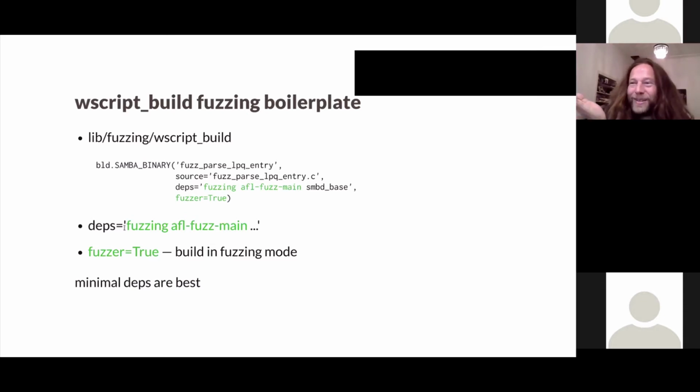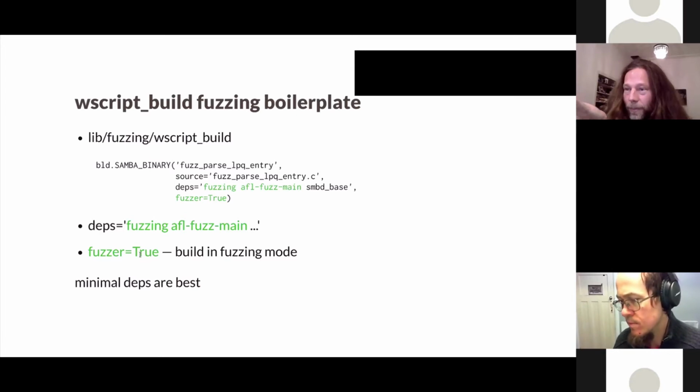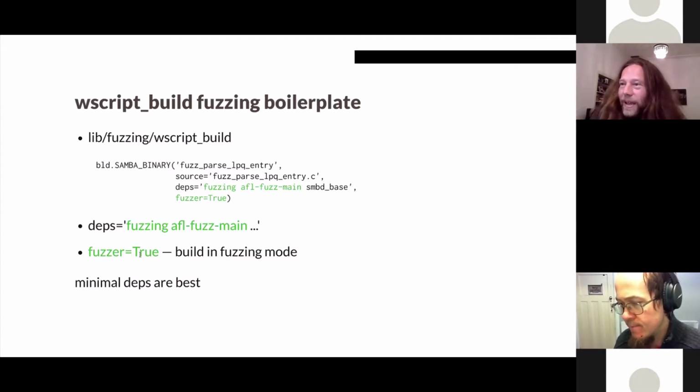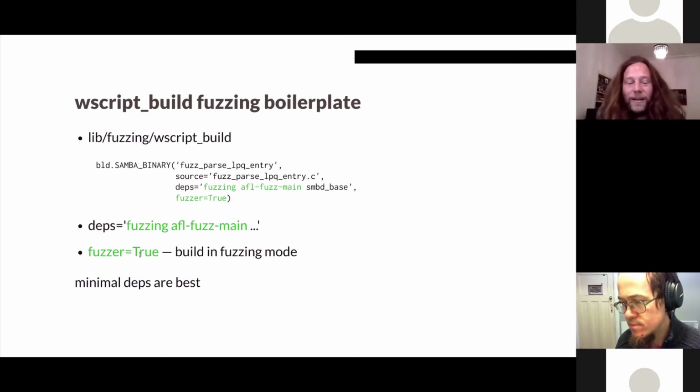At this stage, let's just say it's boilerplate. If fuzzer equals true, it means that it'll be built in fuzzing mode and not normally, and things that don't have fuzzer equals true, which is like every other normal program, don't get built.